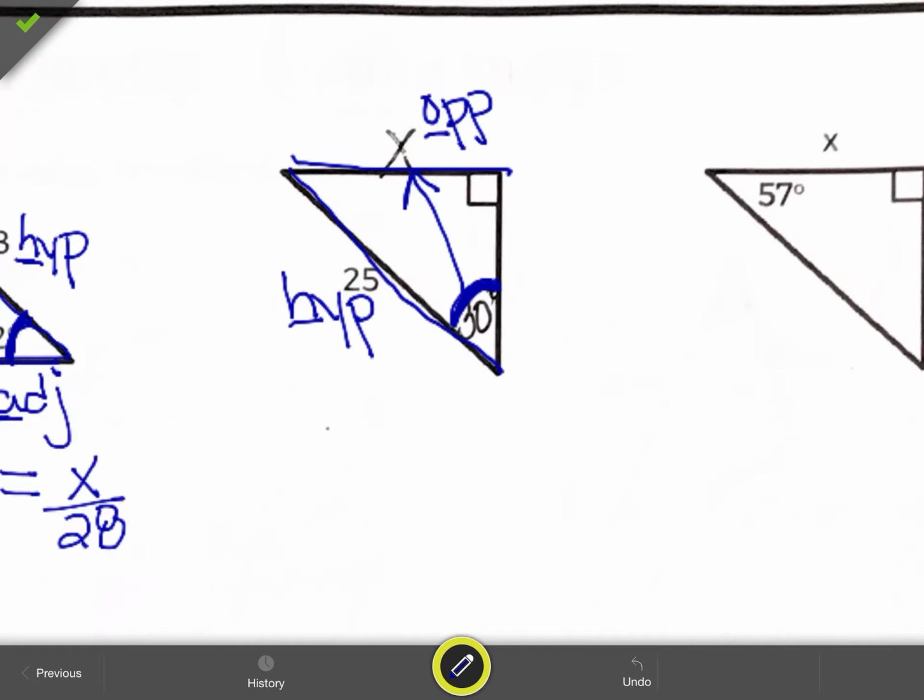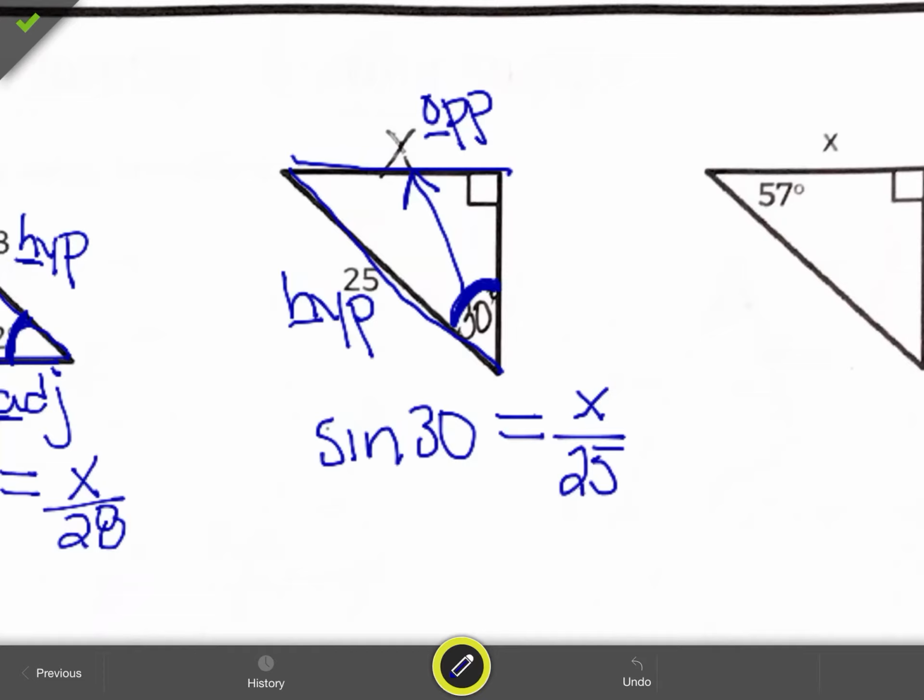That would be sine. So sine, what's my angle? 30 degrees equals, now I got to write my ratio, opposite, what did I label as opposite? Over, what did I label as hypotenuse? Bam. Sine 30 equals x over 25.